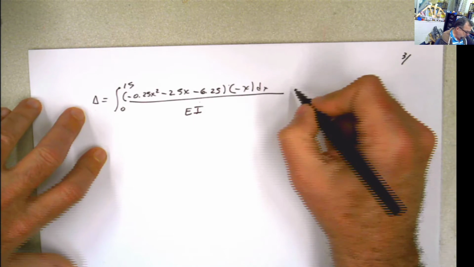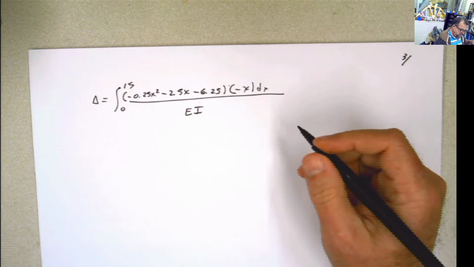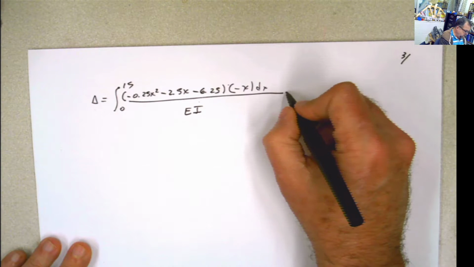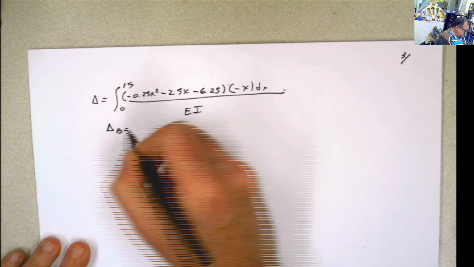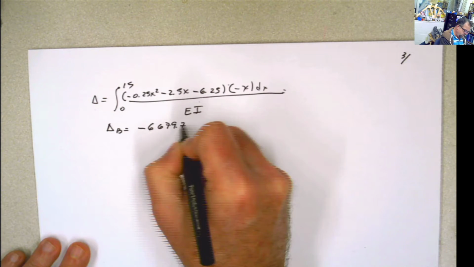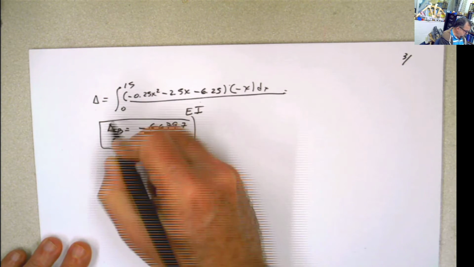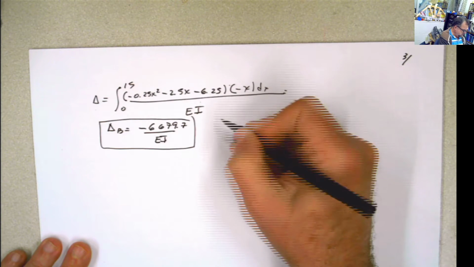So we can solve for this, we can put everything in the calculator, and then we're going to get that the deflection at B is going to be equal to negative 6,679.7 divided by EI. There you go. And what this is telling you is that it's downward.